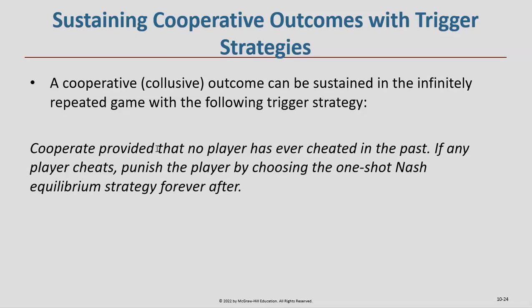Firm A and B will cooperate as long as neither firm has ever cheated in the past. If my rival cheats, I'm going to punish my rival by choosing the Nash equilibrium for the foreseeable time period. If you cut your price, I'm going to cut my price. We're both going to lose money.